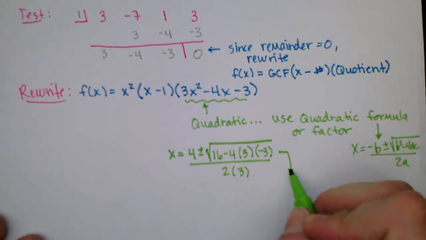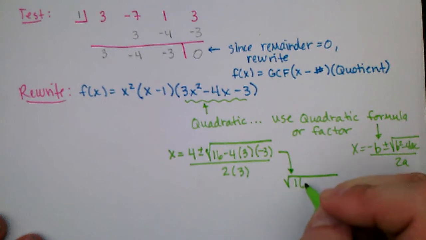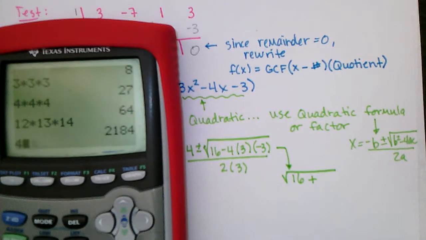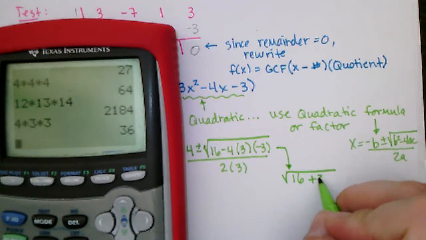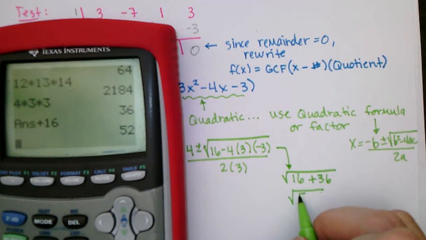Then I'll simplify my discriminant. So that ends up being 16 plus a number, whatever 4 times 3 times 3, 36. So square root of 52.